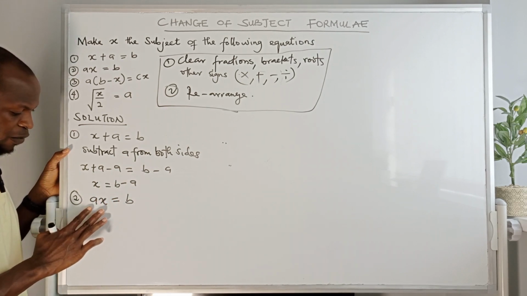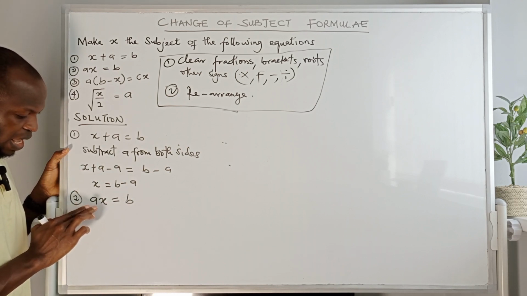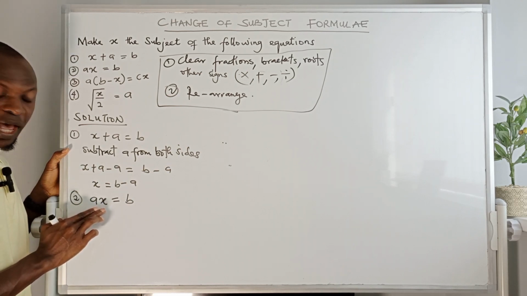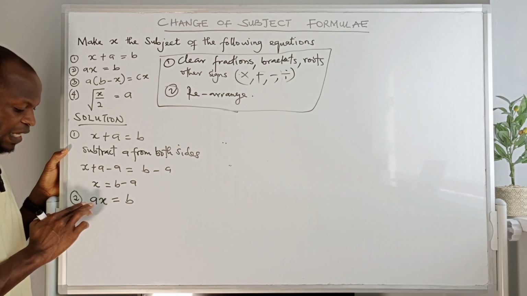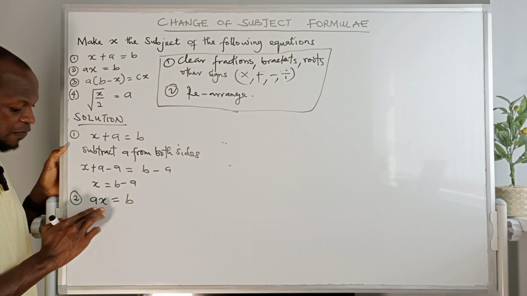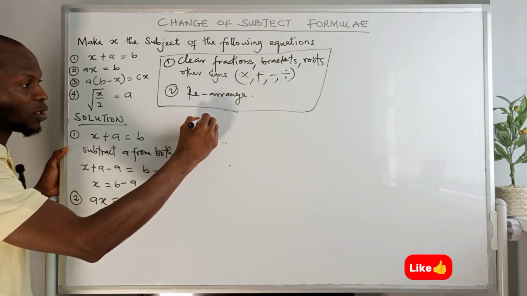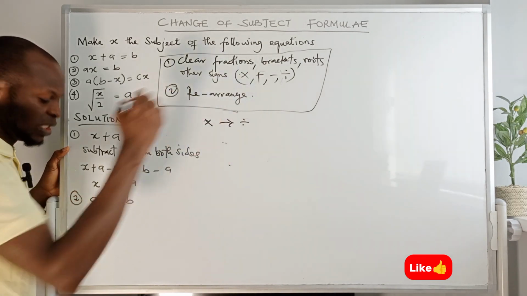Now if you check this question, ax equals b. a is attached to x by multiplication, so what we have here is a times x equals b. If I want to remove this a from x, what will I do? Don't forget, if it is joined together by multiplication, I remove it by division.